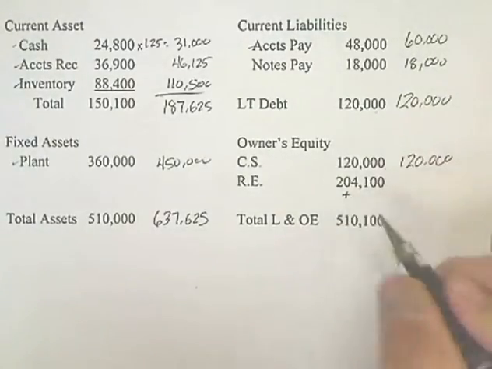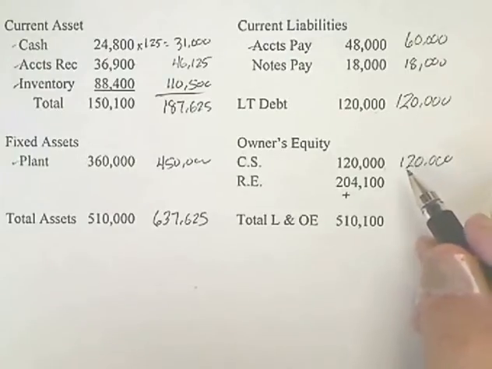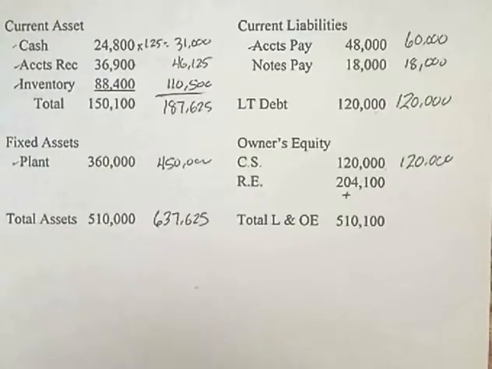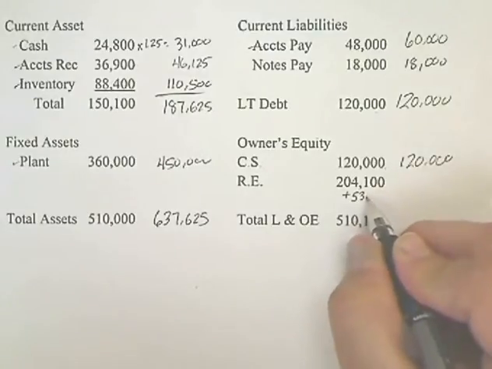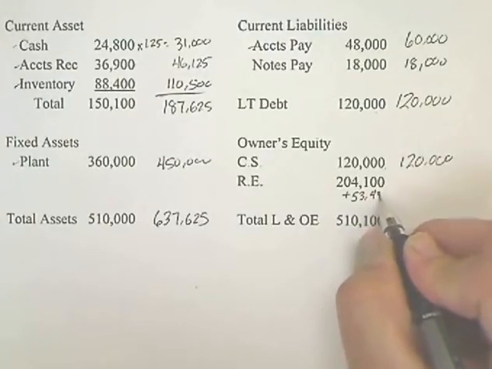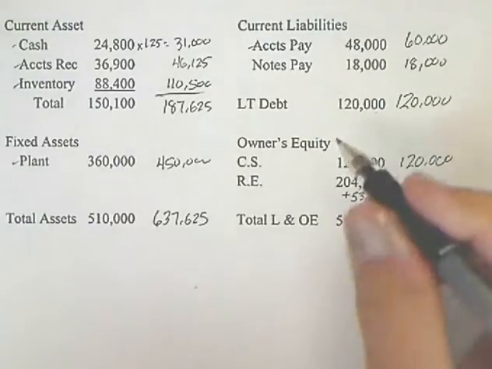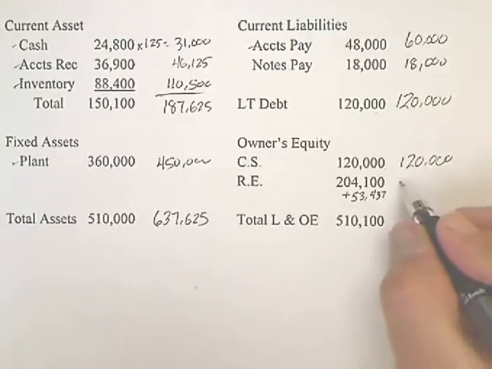We're going to add to retained earnings whatever we added from the income statement. If you go back and look at our income statement, we had, I have to look myself, 53,437. So plus our 53,437, and our new retained earnings will be 257,537.